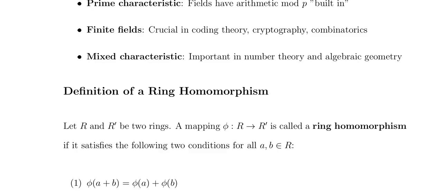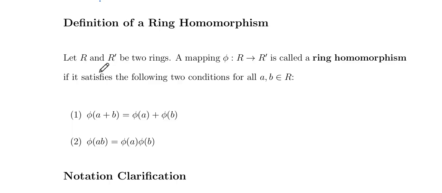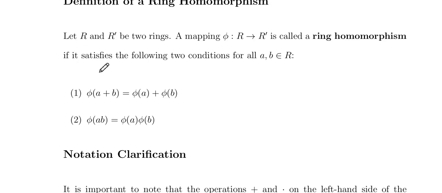And the definition of ring homomorphism. Already in group theory we defined homomorphism. It is the same idea, but here there are two operations, plus and dot. So pi of a plus b equals pi of a plus pi of b, and pi of a b equals pi of a into pi of b.